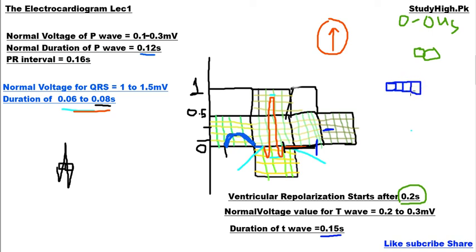But the T wave's normal duration is 0.15 second. It means that you have to start the T wave from here and end just near the closing of the 4th box, and its voltage will be between 0.2 to 0.3 millivolt. So in this way, I am going to draw the T wave. Here is your T wave.